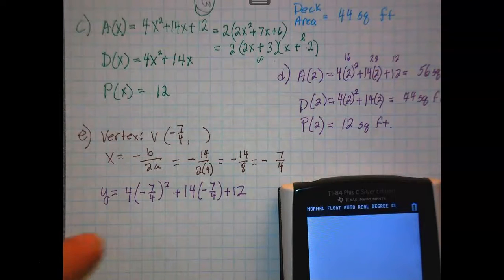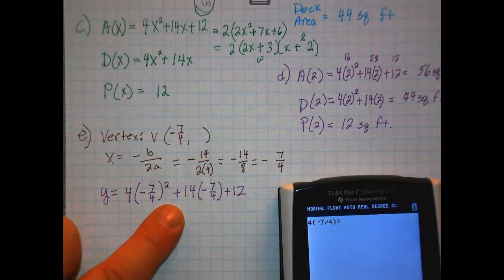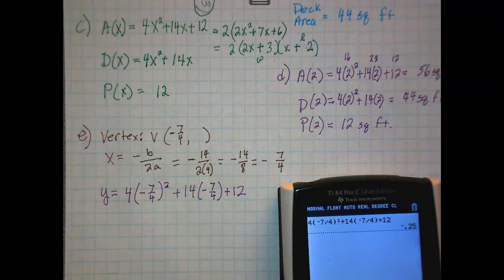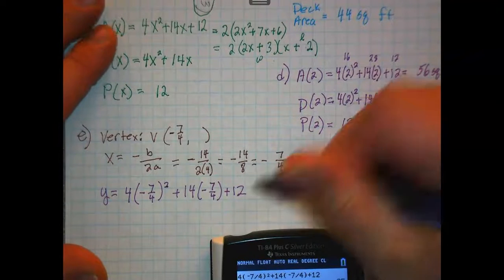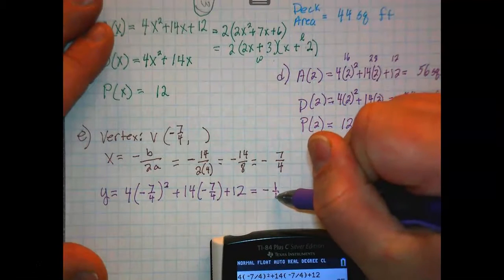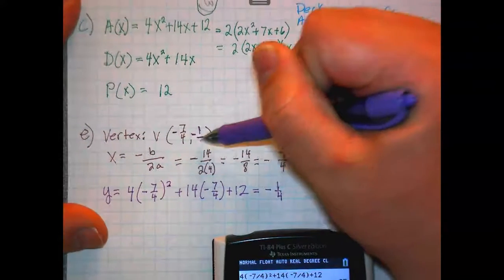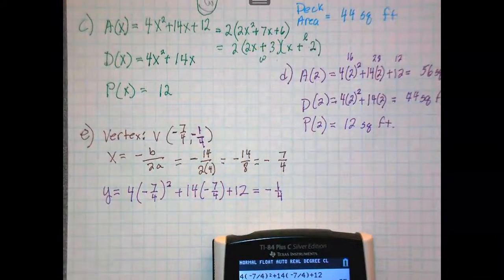Negative 7 divided by 4 squared plus 14 times negative 7 divided by 4 plus 12. And since we're dealing with fractions, we'll keep it fractions. Negative 1/4. There's my vertex.